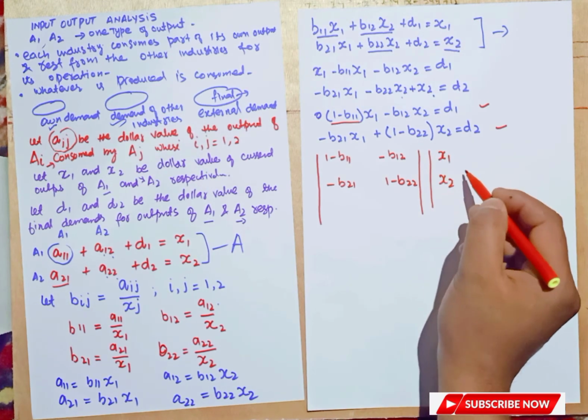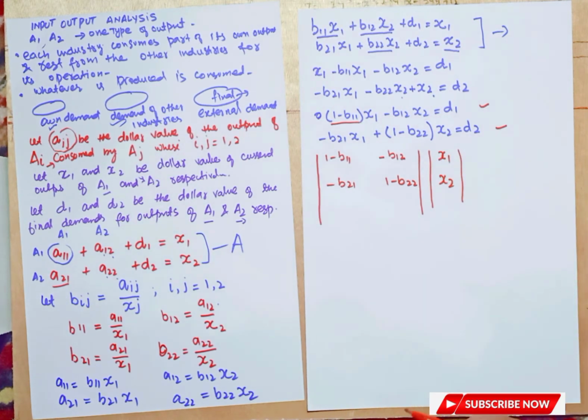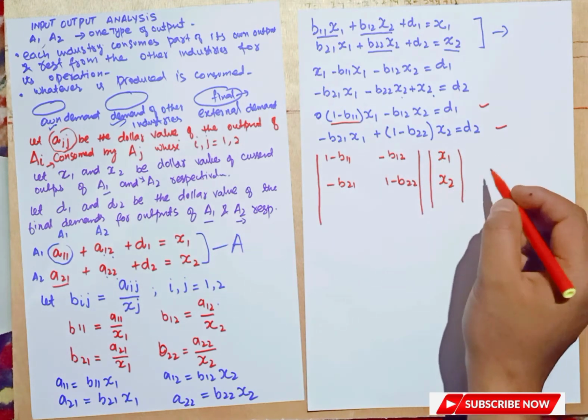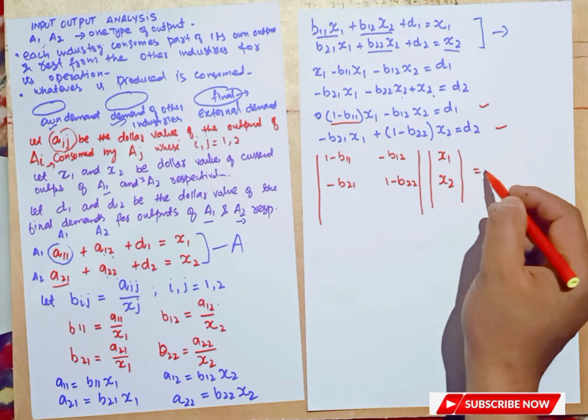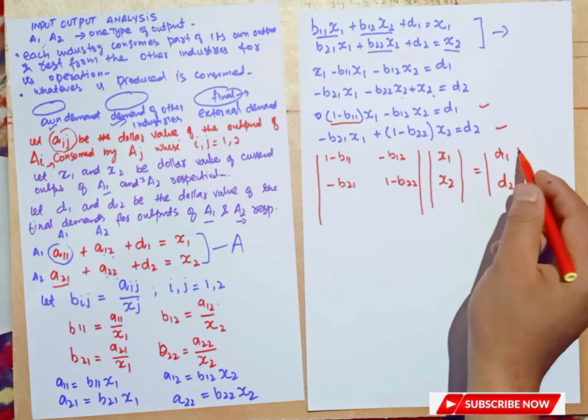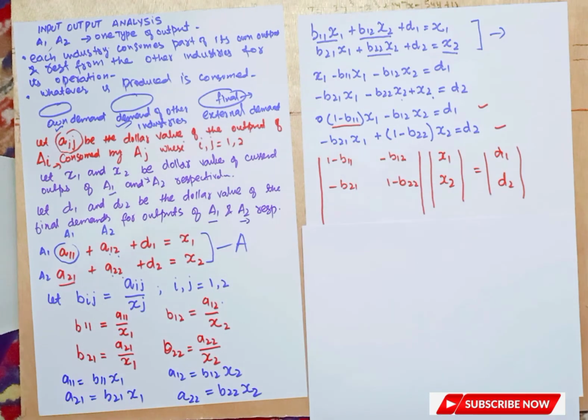Actually I have explained all this in earlier videos, how we express the system of equations in matrix form, which is equal to D1 and D2, which is the final demand.